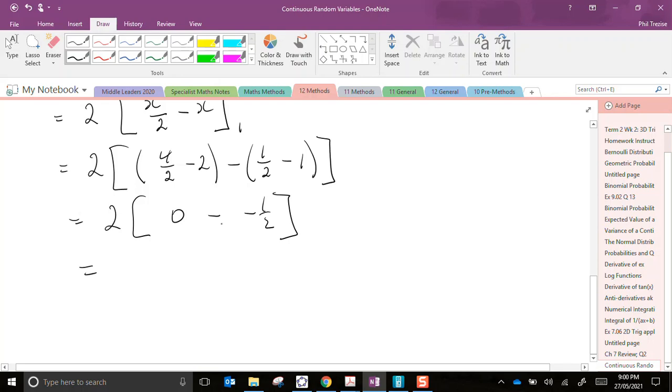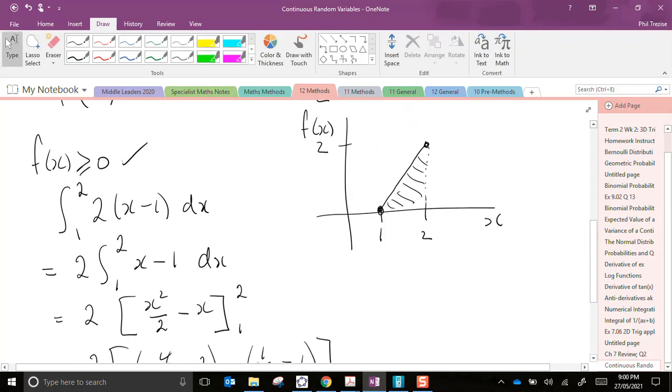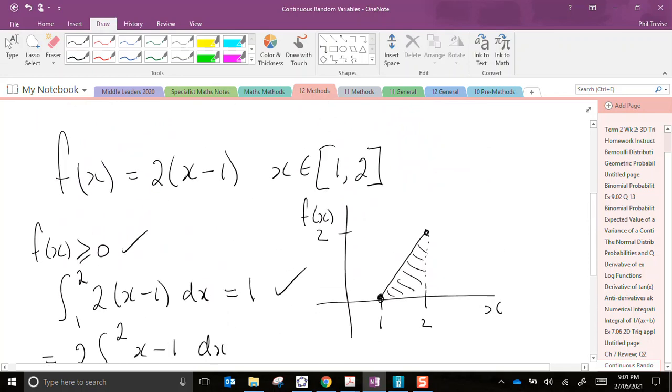I hope we can see that that is 2 times positive 1/2. That equals 1. And that's exactly what it needed to be. So the integral, the area, equals 1. Give that a big tick. This thing is a probability density function.